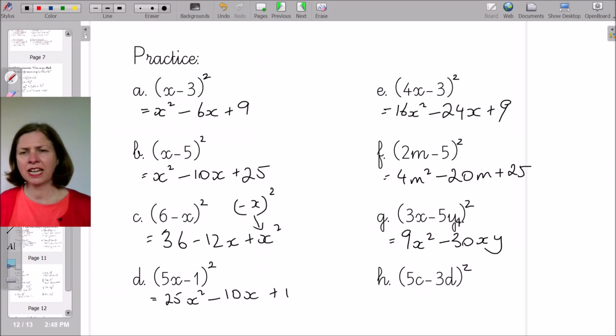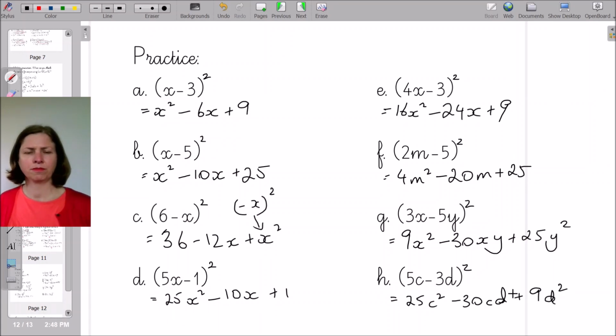Be careful, I've got an x and a y here, plus 25y squared. So this came from 3x times 5y is 15xy, doubled is 30xy. And finally, 5c minus 3d all squared is going to give me 25c squared minus 30cd plus 9d squared.